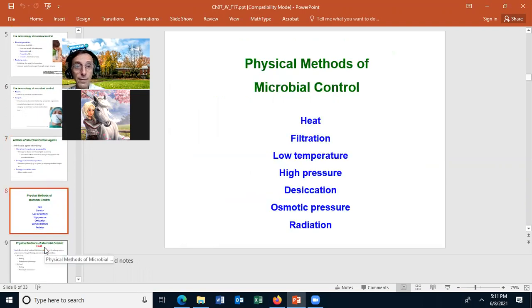There are physical methods that we have for controlling microbes. You can heat microbes, you can filter them, you can put them at low temperature, which may not kill cells, but will prevent them from being metabolically active.